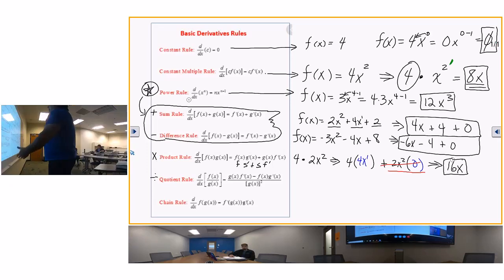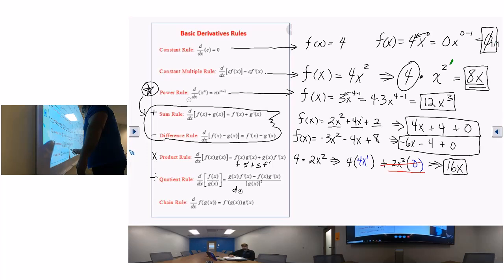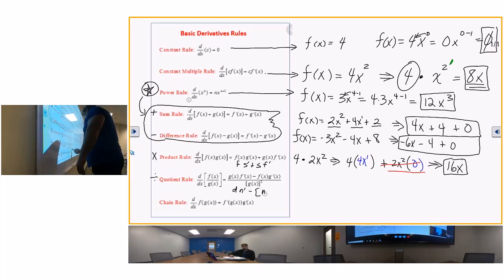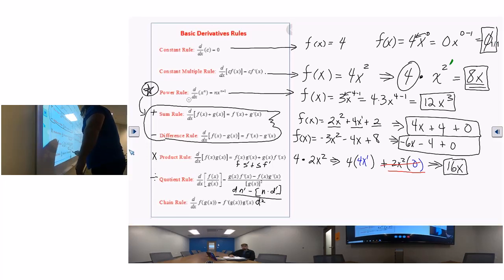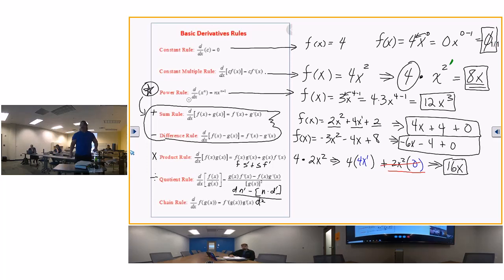Okay? Here is an example of a quotient rule. This is denominator times numerator prime minus the numerator times denominator prime, over denominator squared. Now that's the way I'm going to do it.